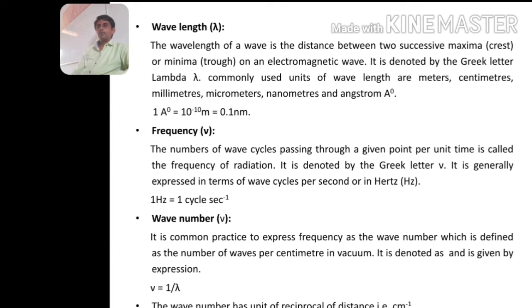How many cycles are passing through the given point per unit time is called frequency, and it is denoted by the Greek letter nu. It is generally expressed in terms of cycles per second or in hertz, and 1 hertz is equal to 1 cycle per second.